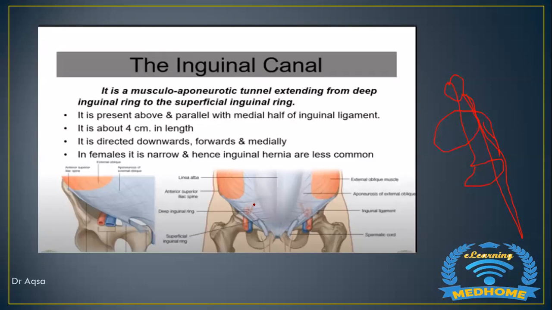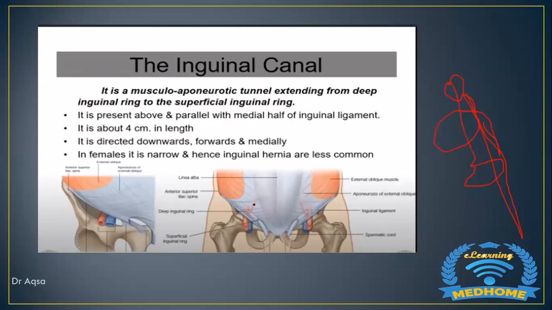And what is the length of the inguinal canal? It measures about 4 centimeters in length. This was a very recall question that came in 2012, asking the length of the inguinal canal. The correct answer is 4 centimeters.